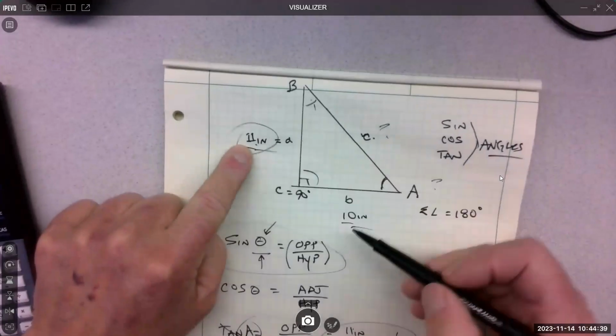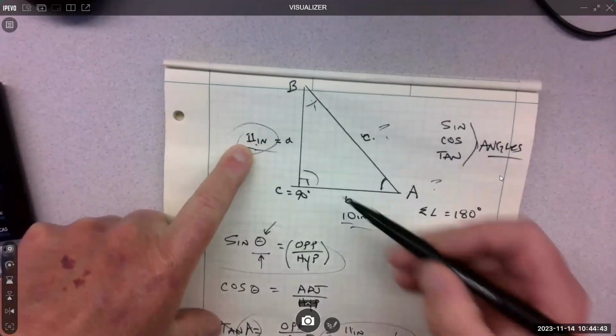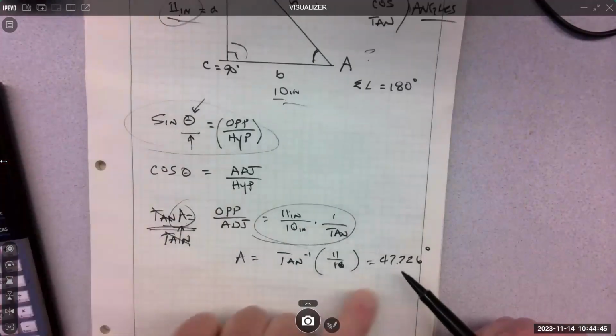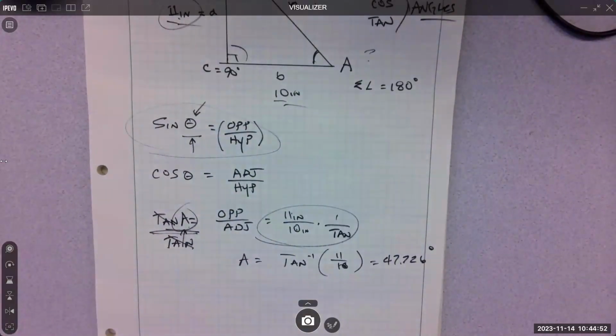Yeah. If this was 11 and 11, what would the angle be? 45. So since it's 11 and 10, 47 makes sense. It's close to 45, but not 45, right? Very handy that my calculator is set to degrees mode, not radians, right?